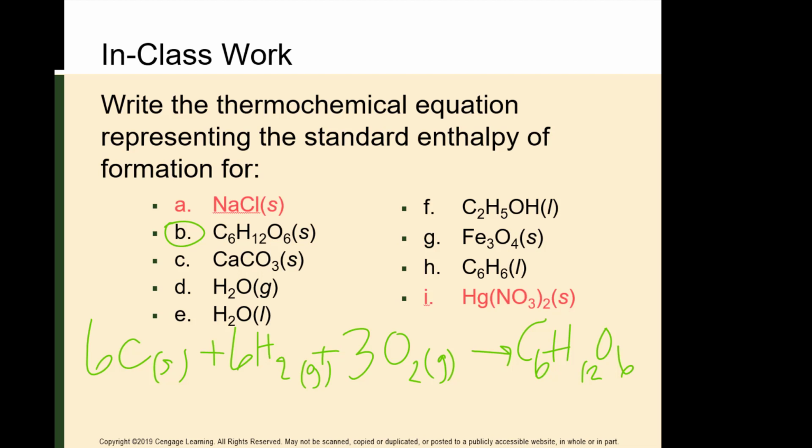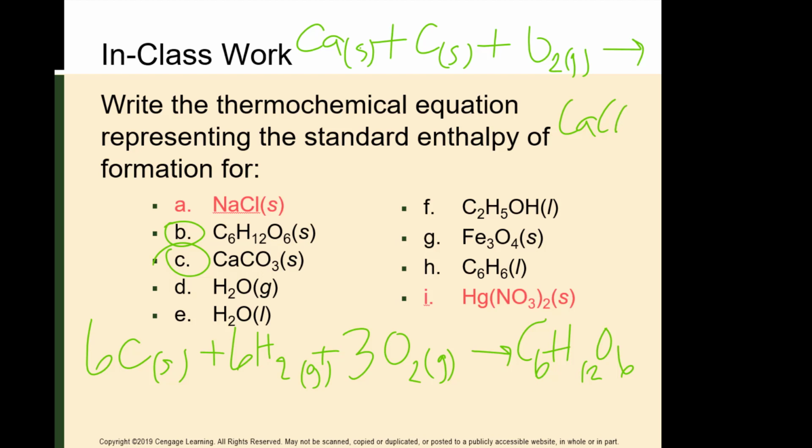The second thermochemical equation we'll write, letter C, calcium carbonate. So calcium in its standard state is solid, plus carbon in its standard state is solid, plus oxygen is O2 gas, to create CaCO3.